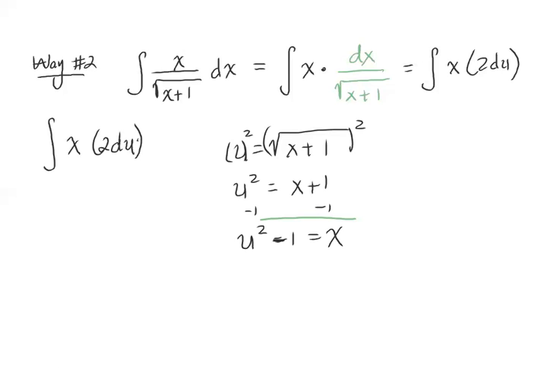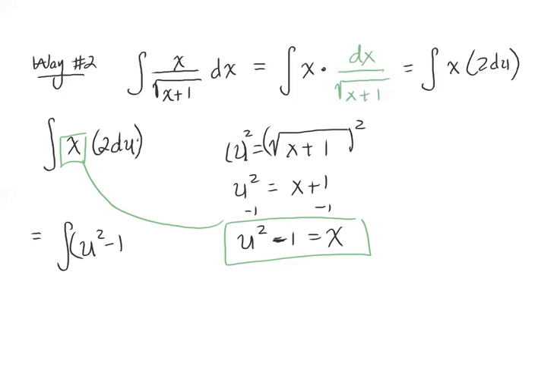So I can take this and I can substitute it for x in this equation. That is equal to the integral of u squared minus 1 times 2 du, which is equal to 2 times the integral of u squared minus 1 du, because I can move that constant out front.